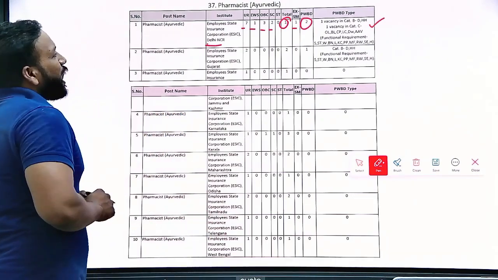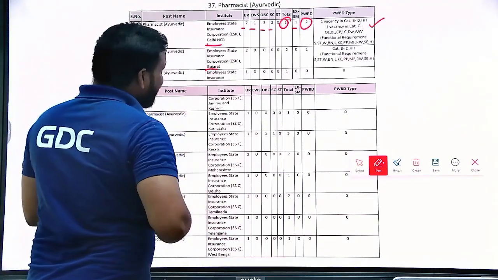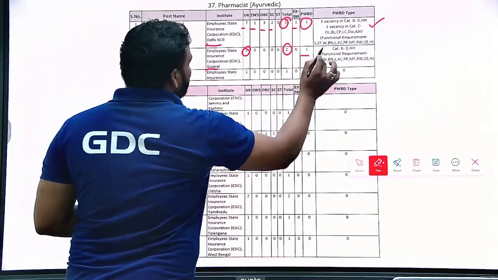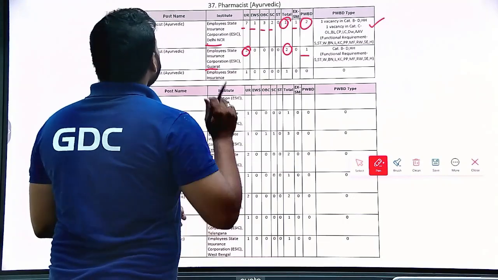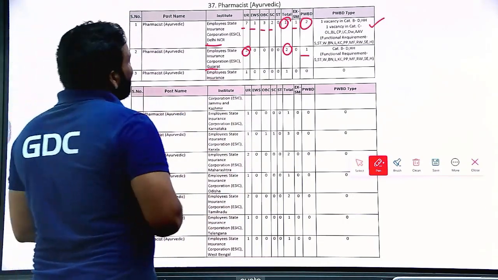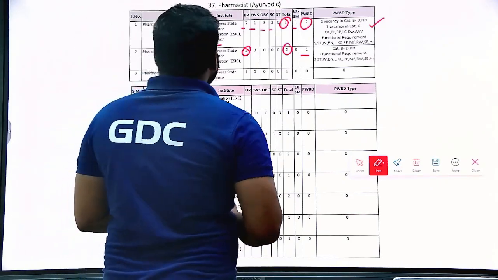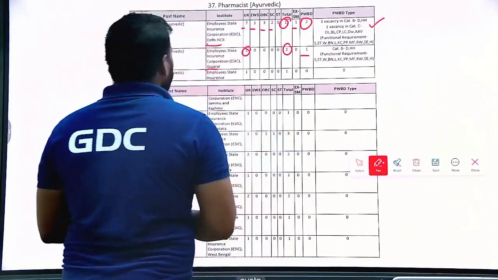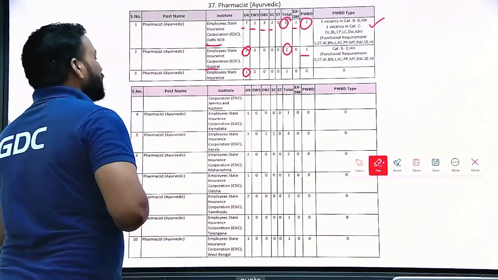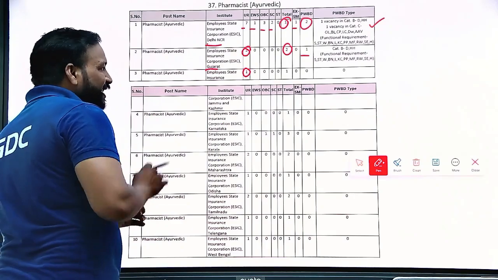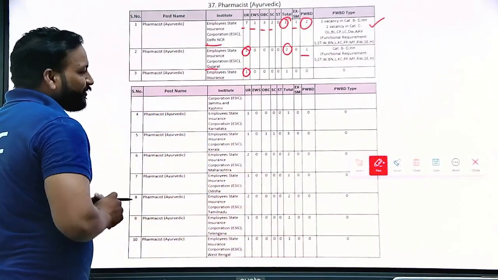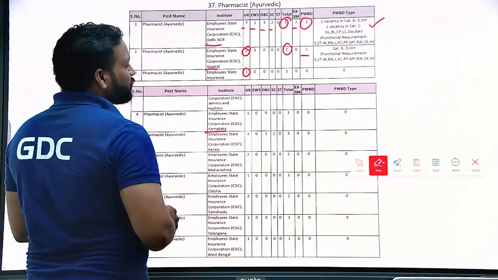Pharmacist Ayurvedic for Gujarat, unreserved 2 posts, and PWD 1, total 3 posts in ESIC Gujarat. For Jammu Kashmir ESIC, 1 vacancy, unreserved. Karnataka also has 1 unreserved post.